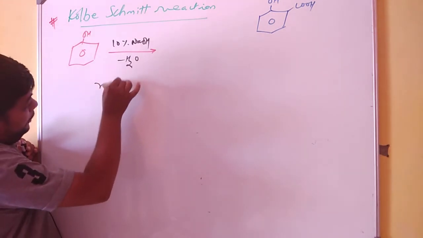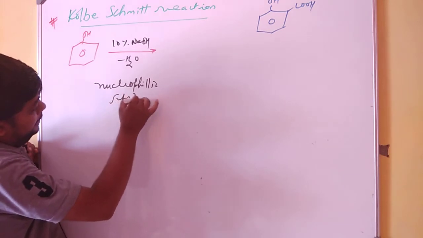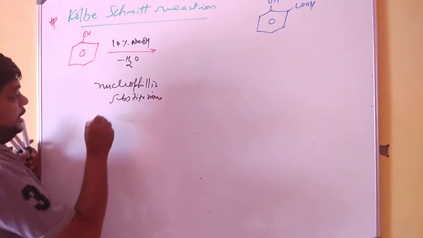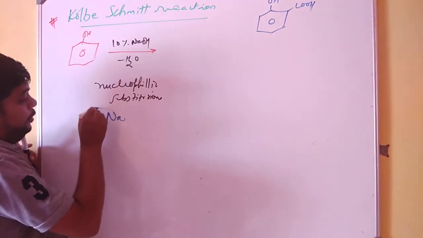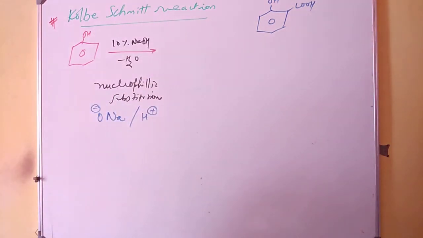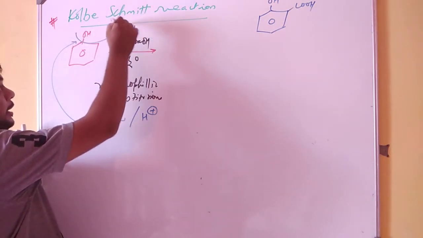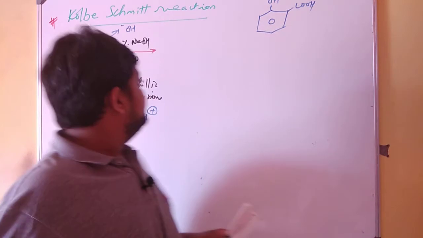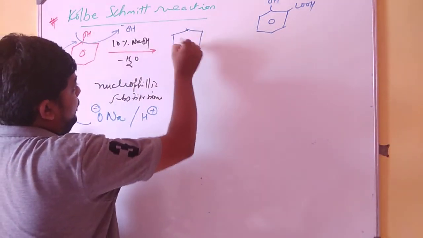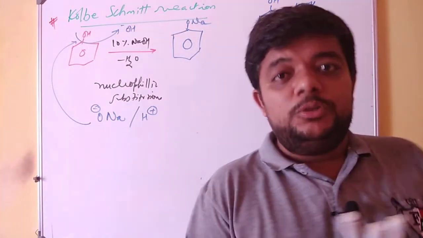Fundamentally, I always refer to it as nucleophilic substitution, where I judge it as ONa minus and H plus that break out from this NaOH. This ONa will attack over here and this will get replaced as OH minus, which will help us end with our first step product, popularly known as sodium phenoxide.